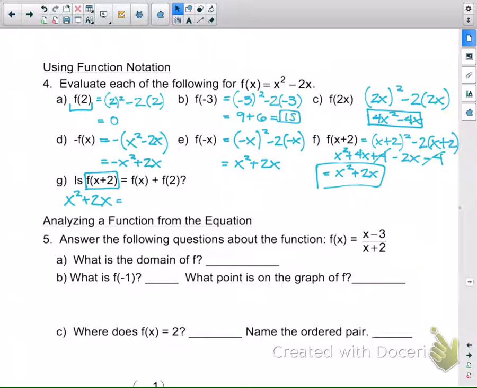The right-hand side is saying f of x, which was what? X squared minus 2x. That's the original function. Plus f of 2. We already have that as well. What was that? 0. So does that work out to the same thing? No. So if you didn't know the answer, you can always plug it in, see if it works.